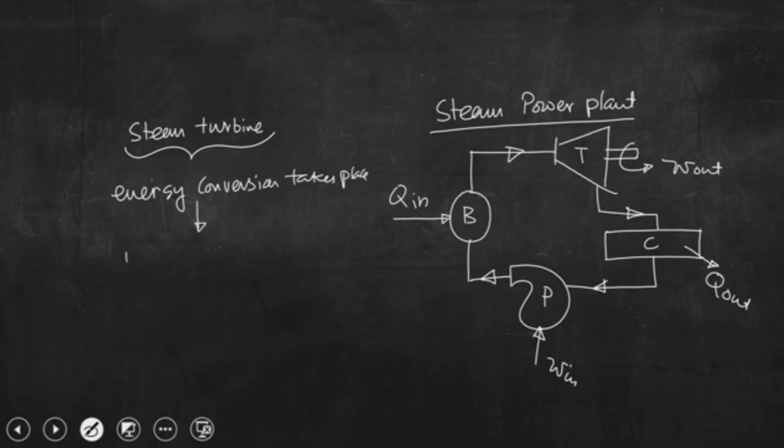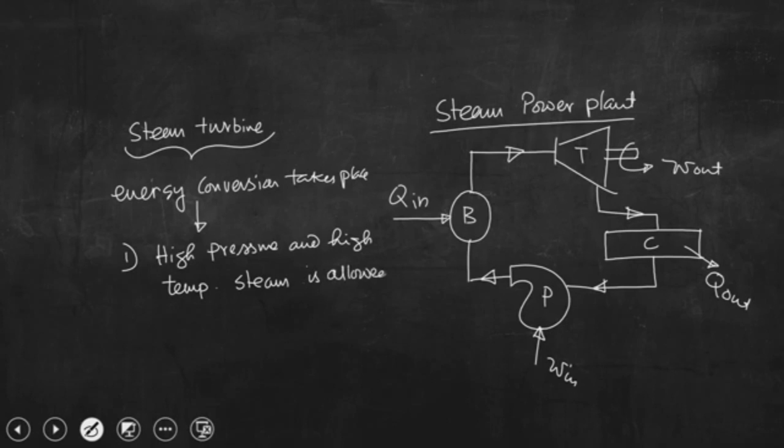There are two ways. First, high pressure and high temperature steam is allowed to flow through the nozzle. Right. So, first steam is allowed to flow through a nozzle.